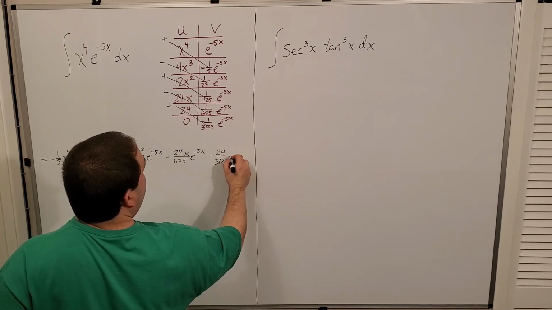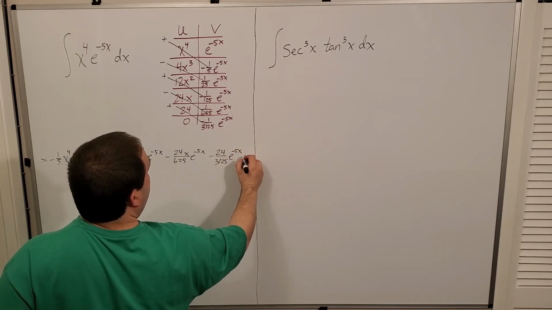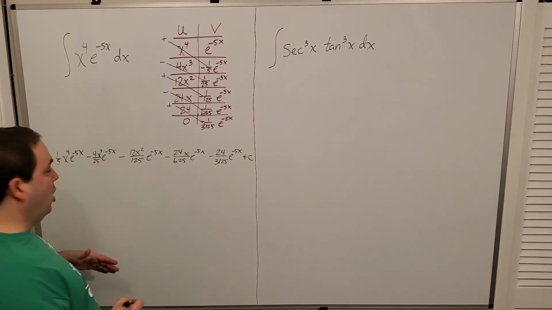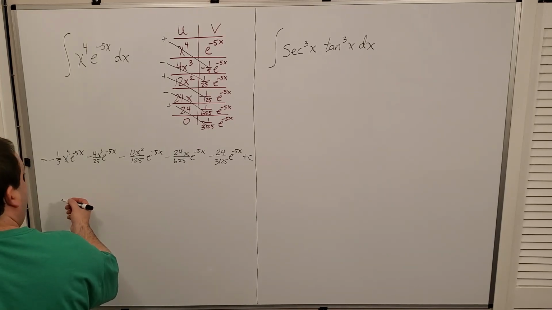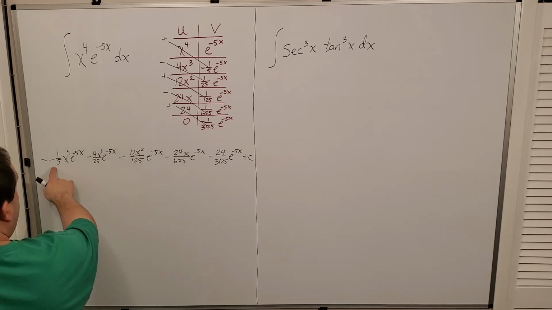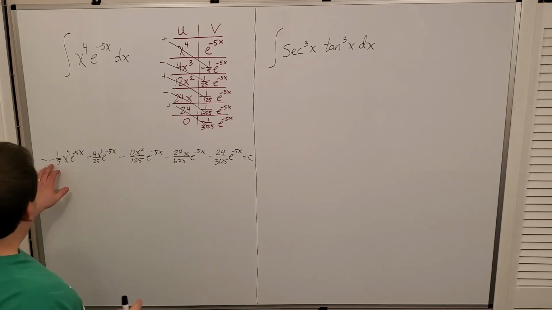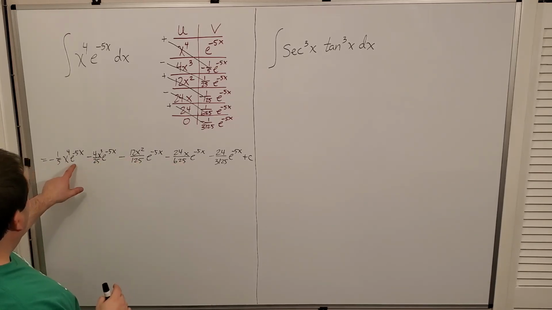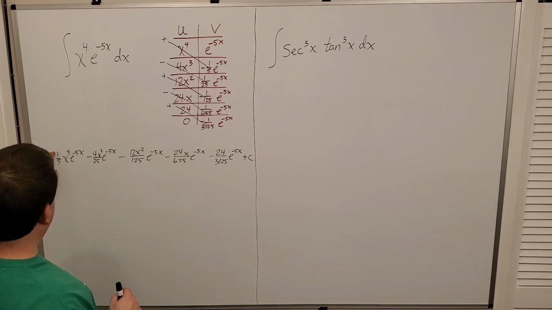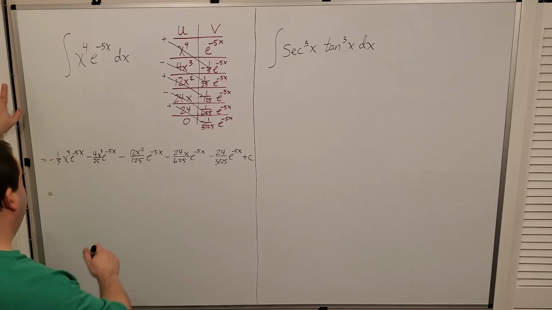No x's there, but then the e to the negative 5x. And don't forget your plus c. And then, of course, you can make this a good bit prettier by factoring out a lot of the common pieces. So it looks to me like all of them have a negative. All of them have the e to the negative 5x. And I can actually get a 1/5 out of each one.